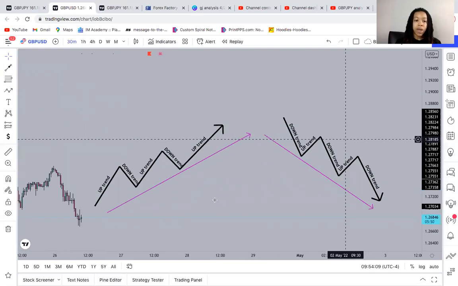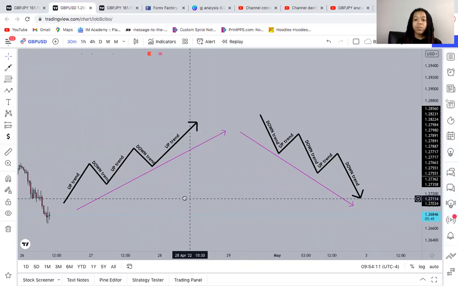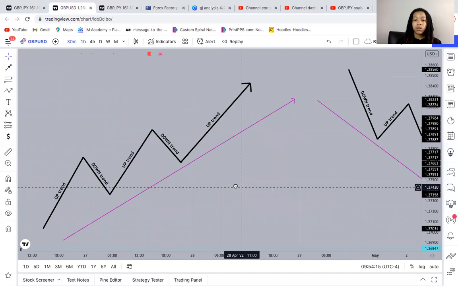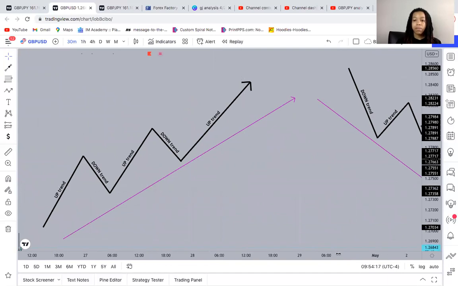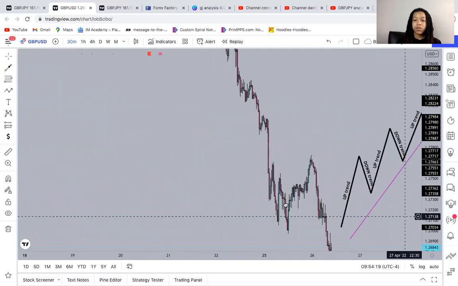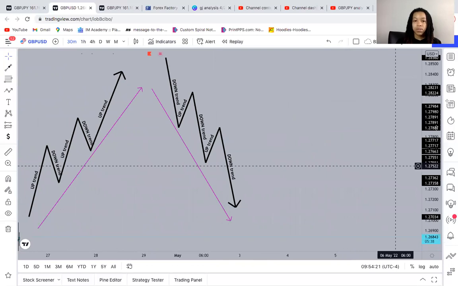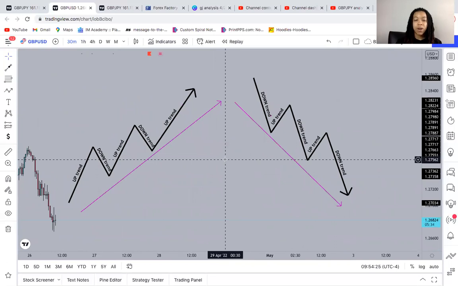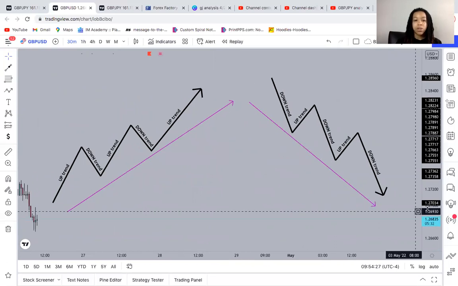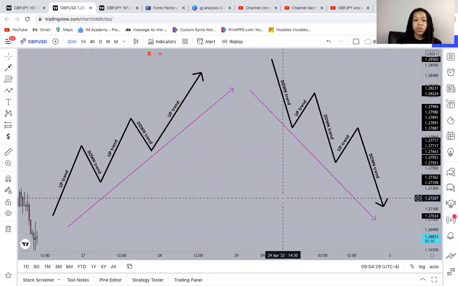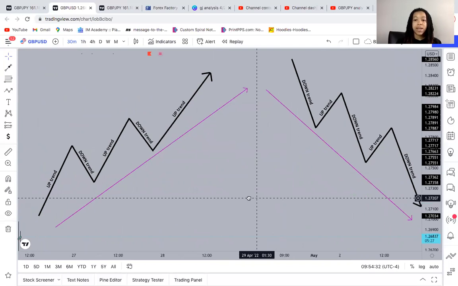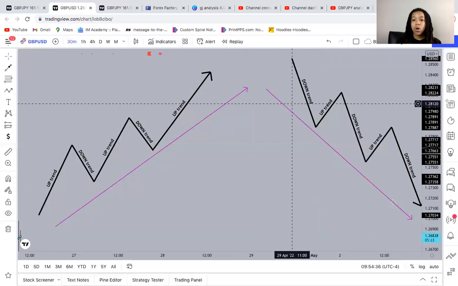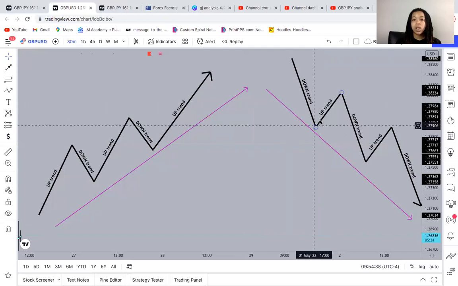So we know that when we see market in an overall uptrend, we're also going to see small moves to the downside, okay? And then when we see market in a downtrend, we're also going to see small moves to the upside.